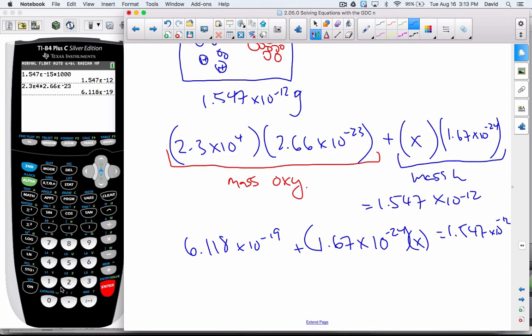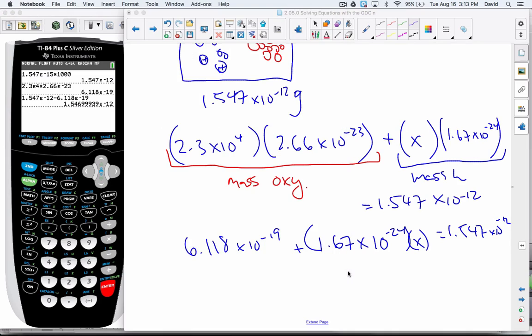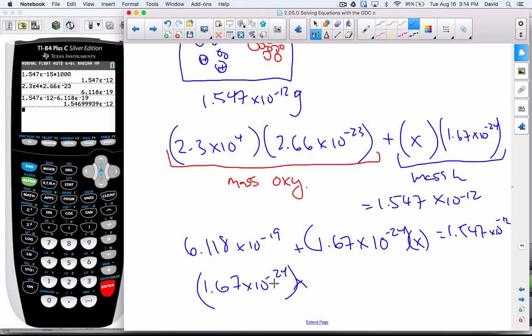So again, I'm going to use my calculator. 1.547 e to the negative 12 minus, I can just toggle up, hit enter, it'll pull it down. Hit enter, and there I go. I can see now, when I subtract that over, 1.67 times 10 to the minus 24 x equals 1.546, oh, let me round that off to 7 times 10 to the negative 12.